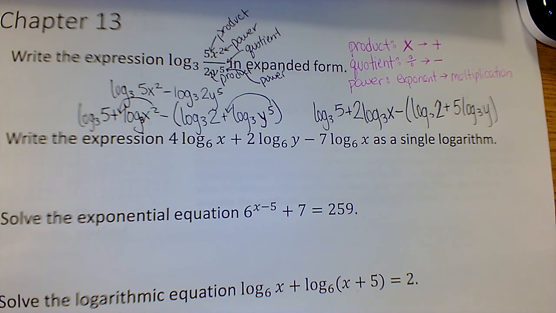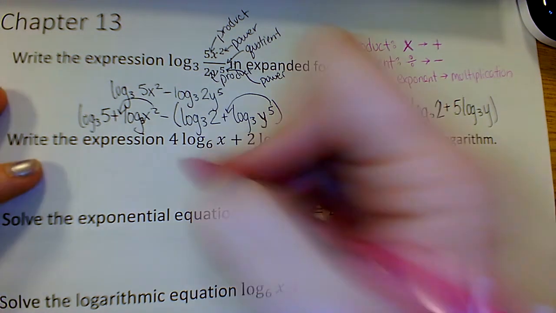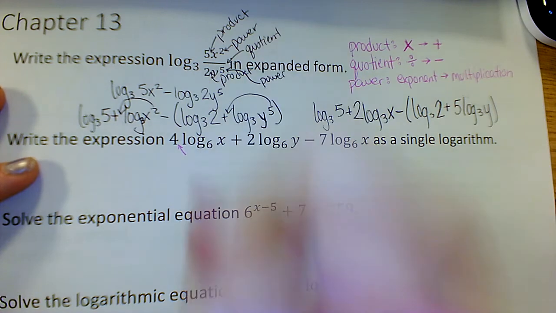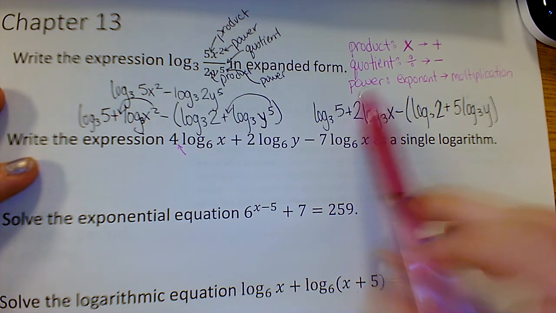So we're going to use those in the next problem, but we're going the other direction. So we're starting with something that is completely expanded, and we're condensing it. I'll stick with the pink pen. So I see here that that's a power rule.